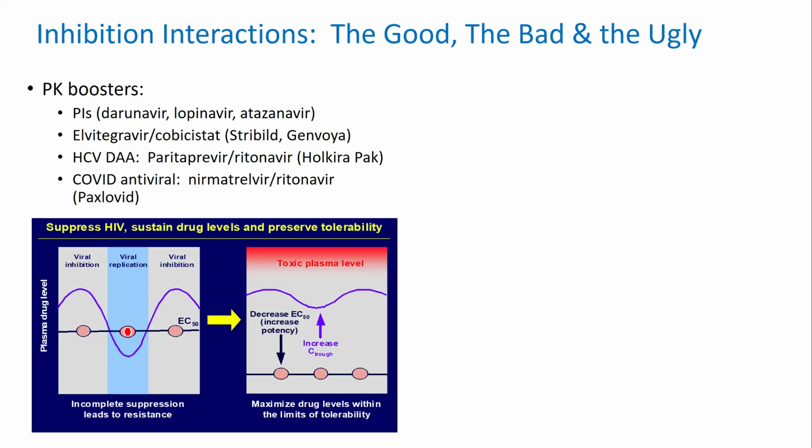So as in the case of boosted PIs or the older integrase inhibitor elvitegravir, even one of the early hepatitis C antivirals, paritaprevir, was given with ritonavir as part of a whole cure pack using the same principle. And more recently, the COVID antiviral nirmatrelvir was co-formulated with ritonavir as Paxlovid, again, to take advantage of the boosting principles.